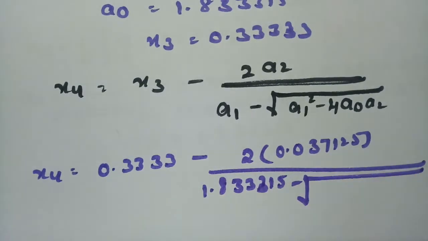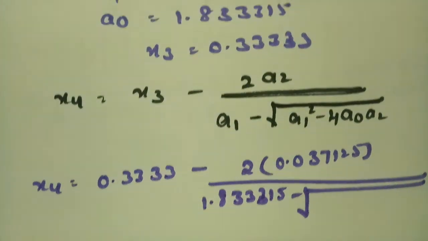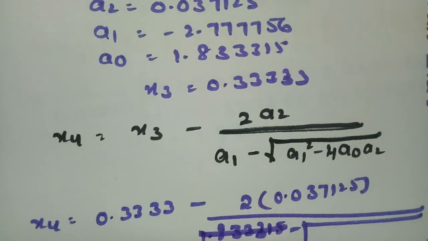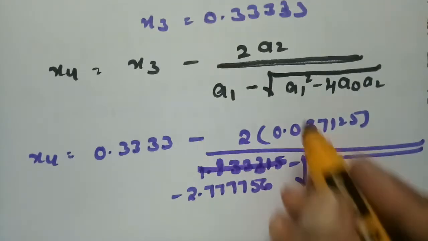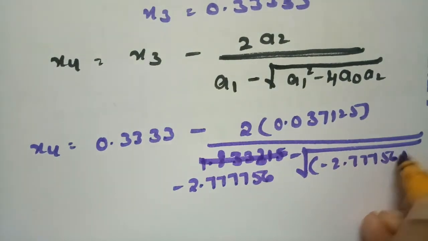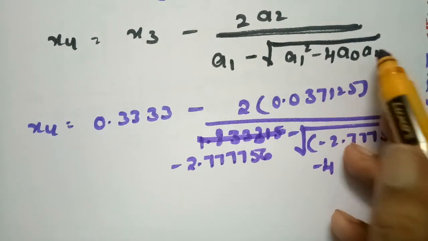minus root over, what is our A1 value? A1 value is nothing but minus 2.777756, minus 2.777756 whole square minus 4 times of A0 into A2.